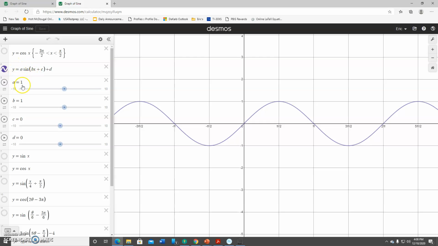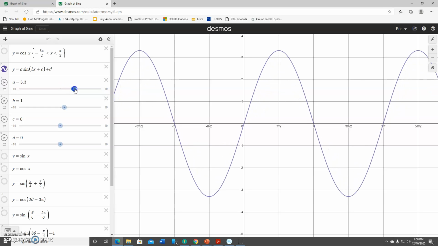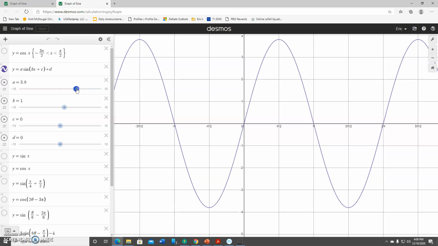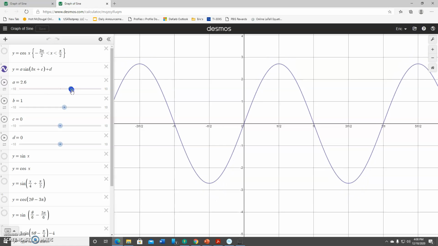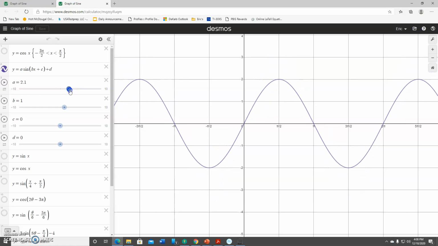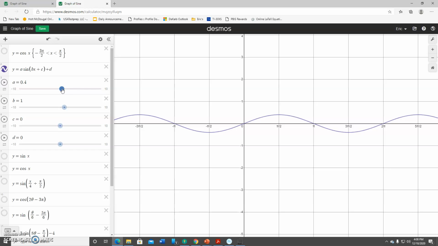There's the A. Right now, A is 1. And we see that as our amplitude goes up, the graph begins to stretch. So that's the transformation that occurs as the amplitude is changed. As it gets lower, meaning between 0 and 1, it begins to compress or shrink.